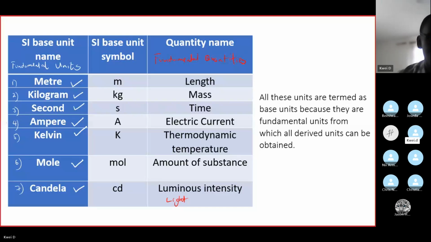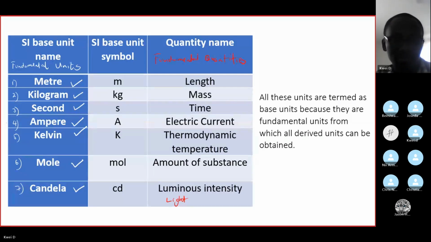A combination of them will also give us what we call the derived quantities. That is what they also measure.